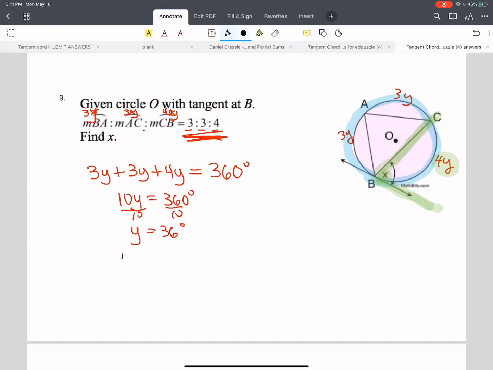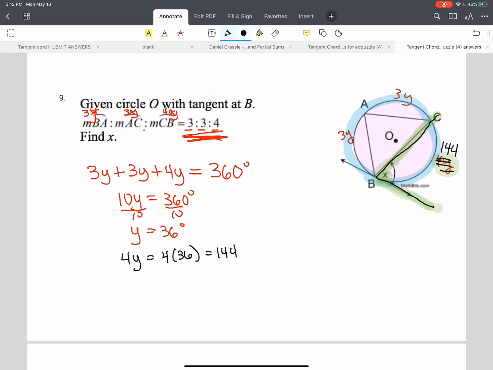So 4y is equal to 4 times 36. And 4 times 36 is 144. So I can cross this out and be like, you're not 4y anymore. You're actually more discovered, and you're 144.